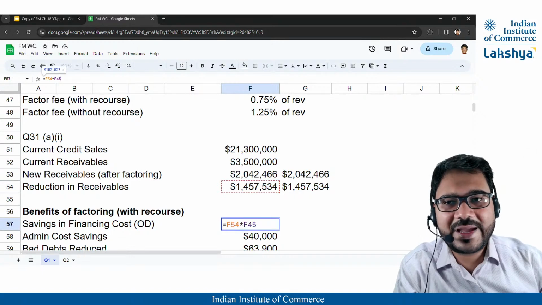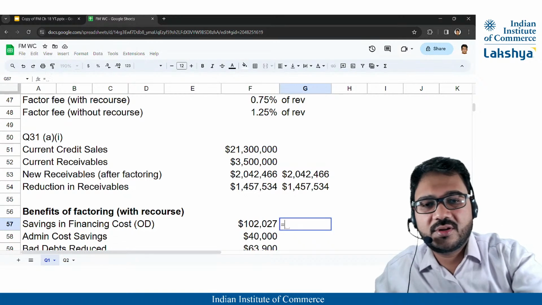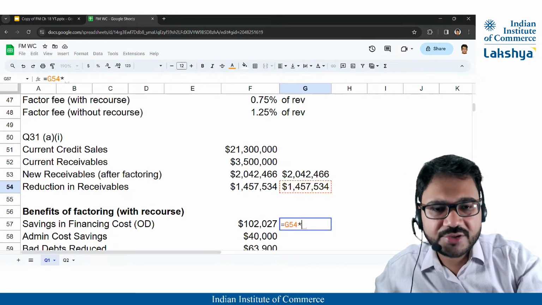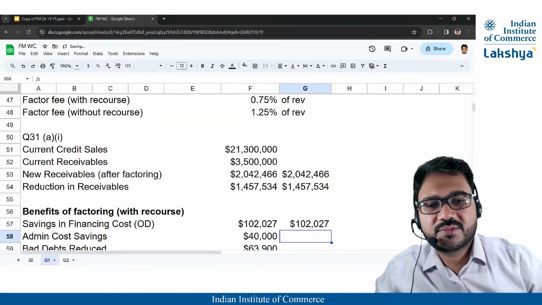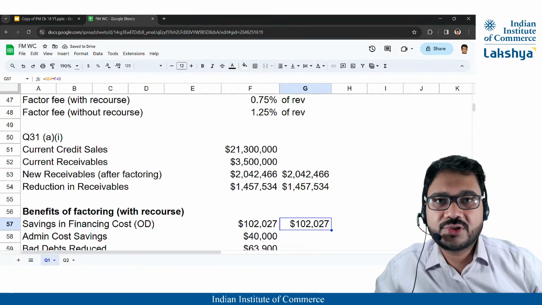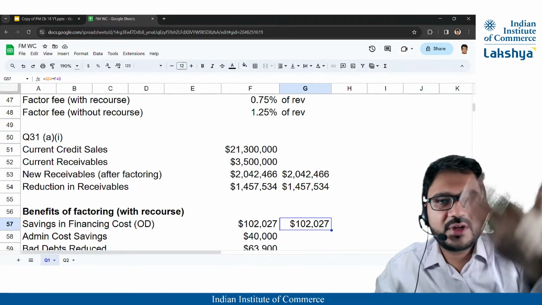So only on that amount you are going to calculate the interest saved. So you will take this into how much interest was there? 7% per annum. So you are saving $102,000, right? We have done everything in millions.